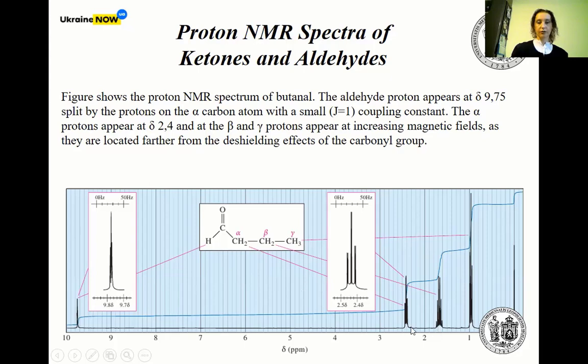Here is a complicated spectrum with many signals from this alkyl substituent. Here, these two protons give a triplet, 3 signals, and here must be a doublet, 2 signals, and more signals must be here. Maybe that's this one.